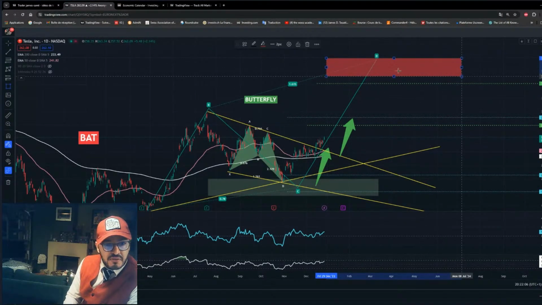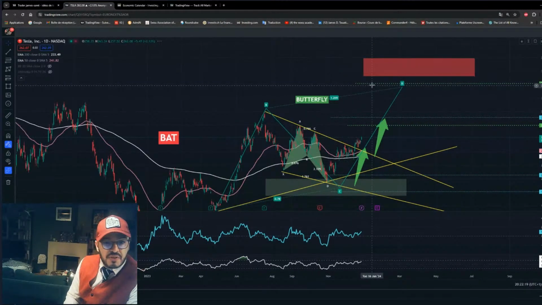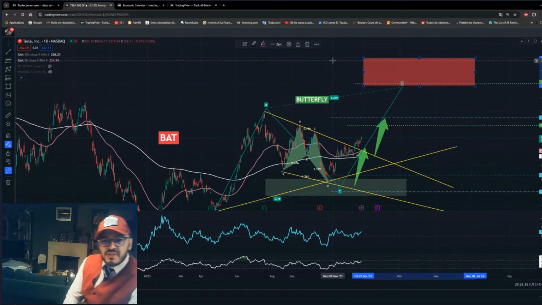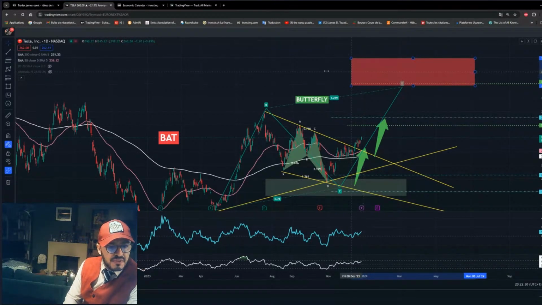And lower, let me draw a rectangle here. So the top of the rectangle is here and the bottom is, let me check. Yes, and we have a convergence with this level I drew here. So we can go to 338, 340. Okay, it's very important here.